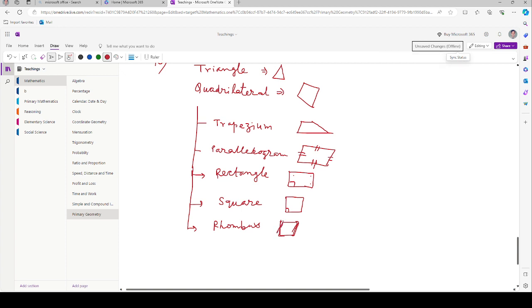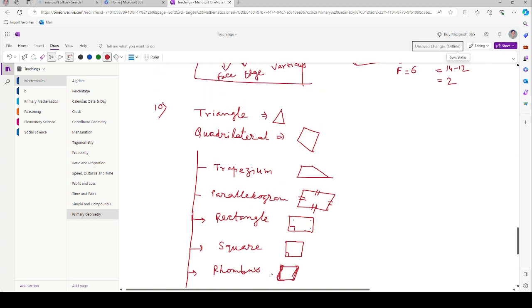Okay, this is rhombus. When adjacent sides are equal, then the figure is known as kite. Okay.